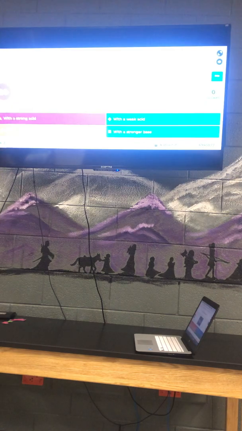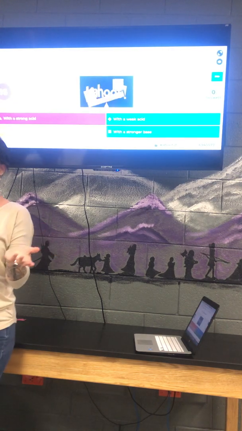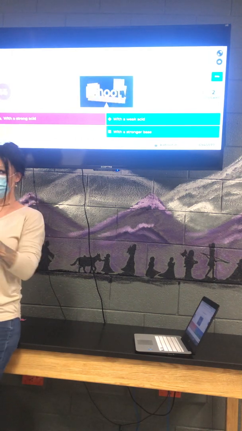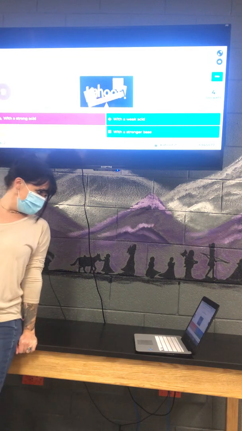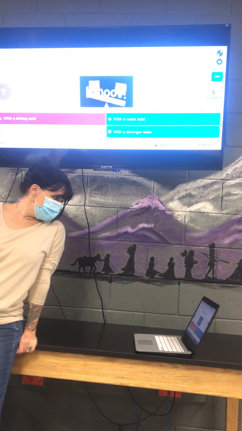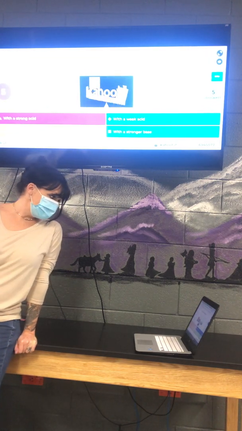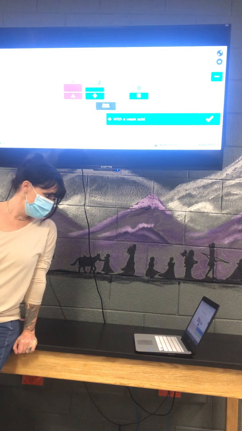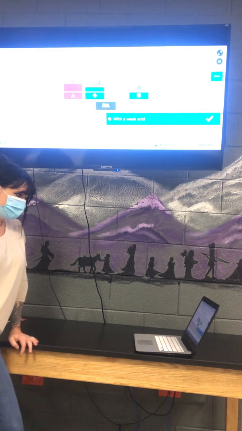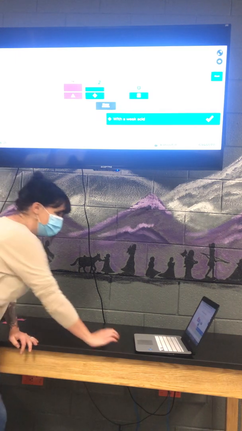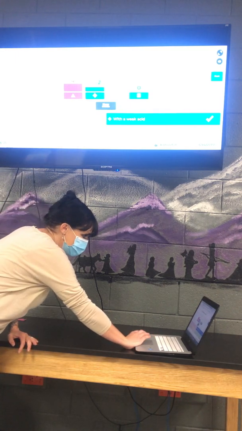How do you neutralize a strong base? This is kind of a common sense question. You've got a strong base, you want it to be neutral, so you're going to have to neutralize it with an acid. You can neutralize it with a strong acid too, so that was kind of a tricky question.